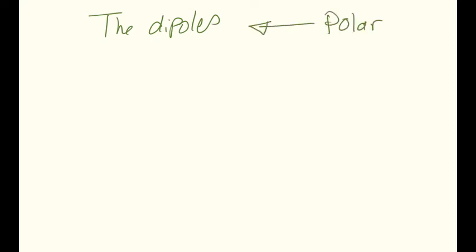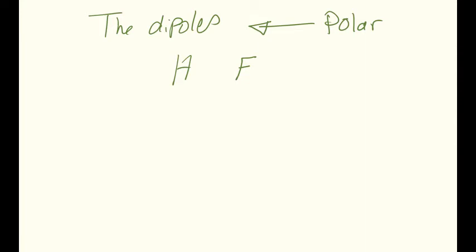I'm going to explain for you now the dipoles. If you have an element that is described as polar, then it should have a dipole. What is a dipole? It means that the compound, a covalent compound like H and F, has an unequal share of electrons.